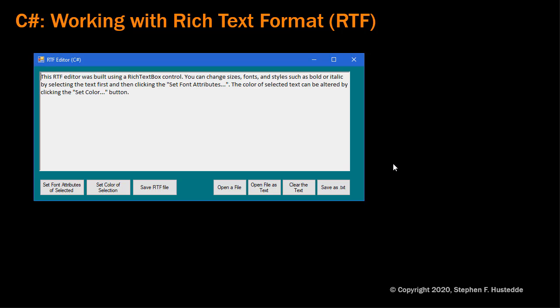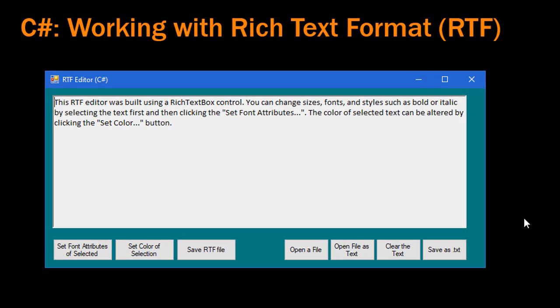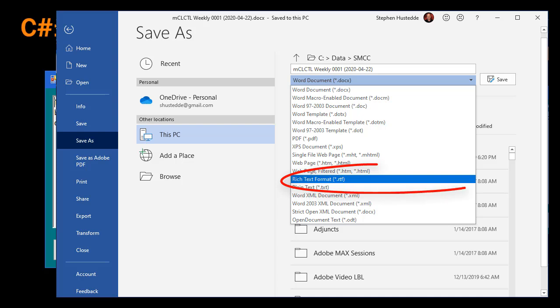Fortunately, C# has a control called a rich text box control. Now, you may not be familiar with rich text format, but if you were to look at Microsoft Word and go to save a file, there's an option there to save it as an RTF file.